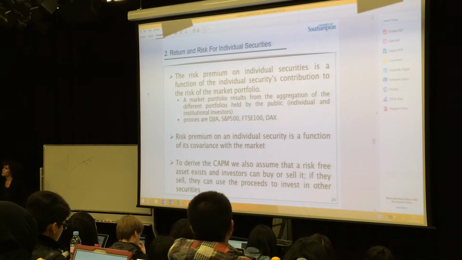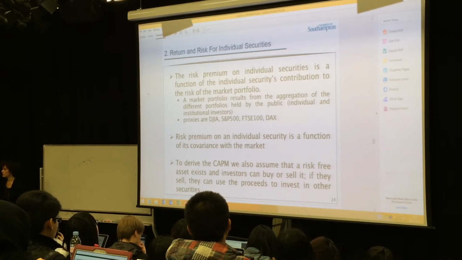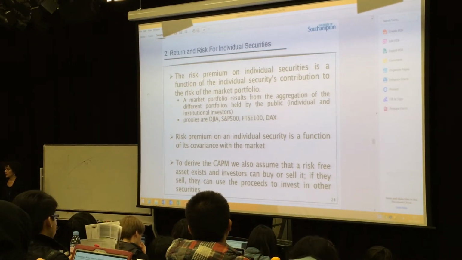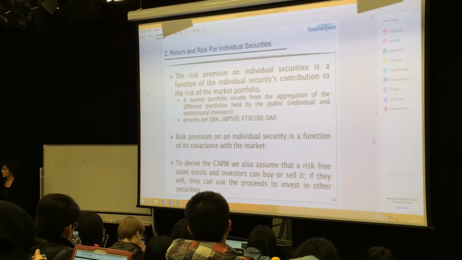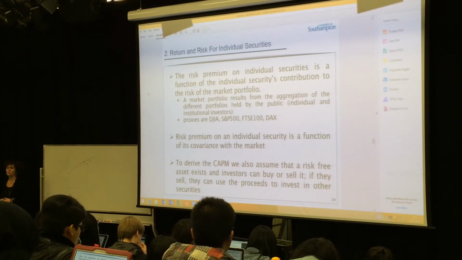So if I want to know the risk premium of an individual security, it is just a simple function of the individual security's contribution to the risk of the market portfolio.